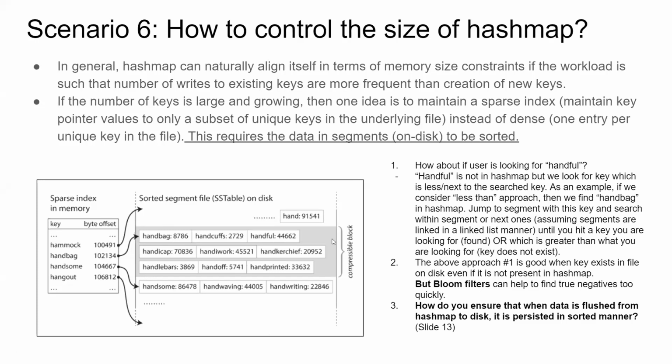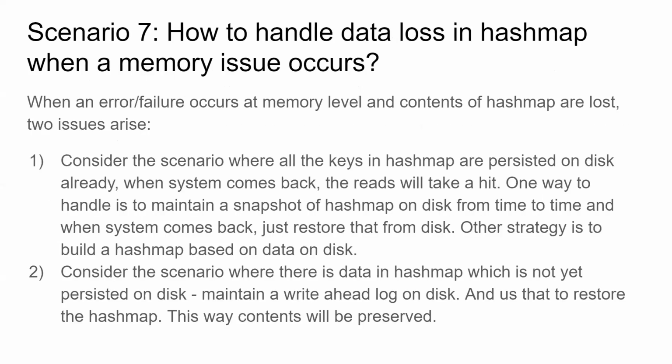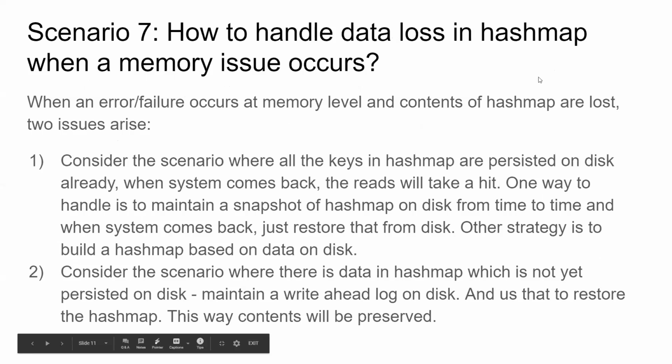To optimize that, we can use the concept of a Bloom filter, which is good for detecting true negatives. I'm rushing through a bit because we really want to close on this, and I think we are all pretty good with the concepts here.